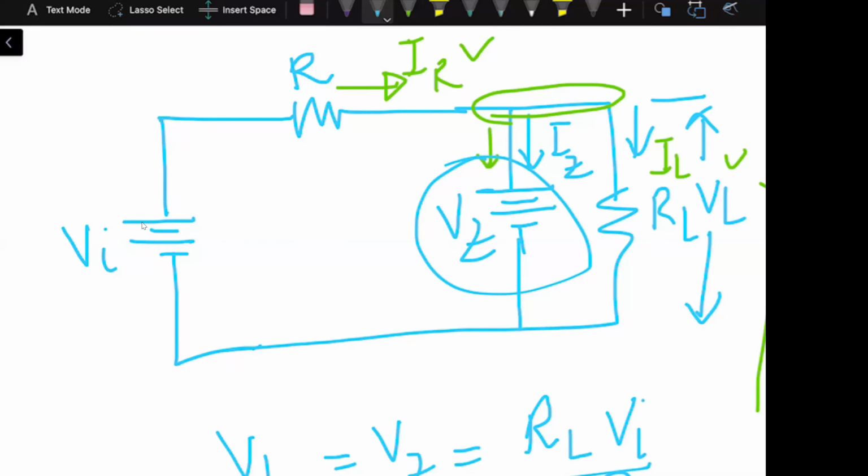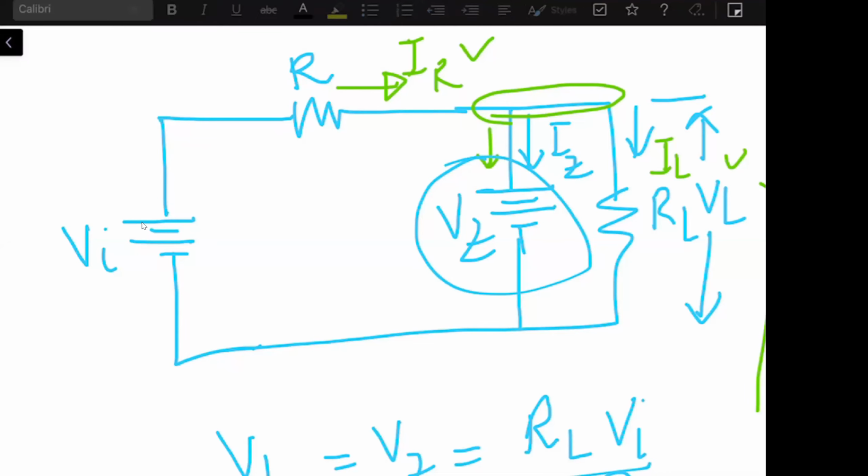There may be a case where the input is kept constant and the output load resistance is varying. In that specific case, we have seen that if we increase the output load resistance, the load current is going to decrease. When the load current decreases, there will be an increase in the zener current, and the current through the resistance R will be kept constant. Why?